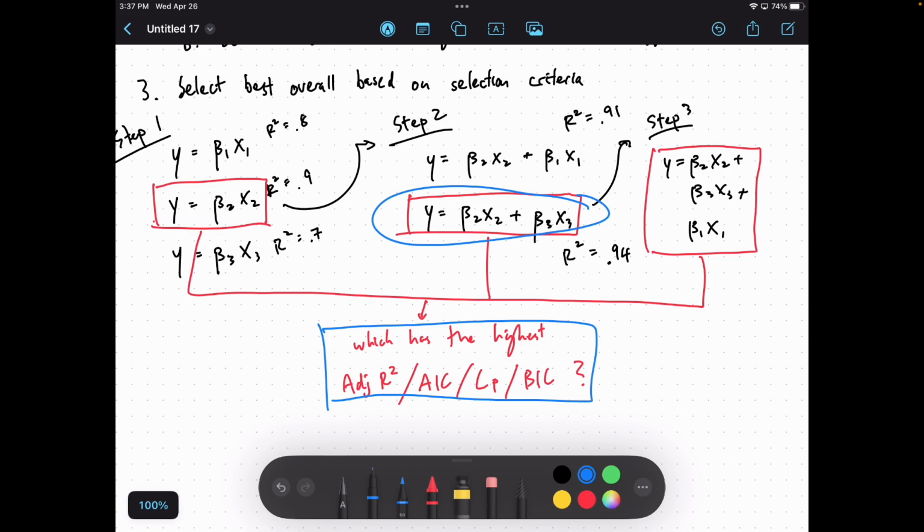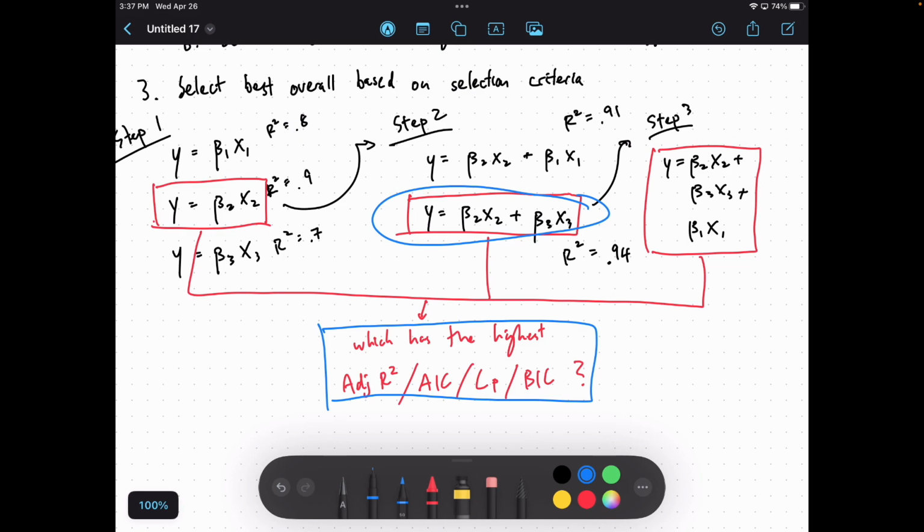Let's introduce one more variable and let's count. Let's say I have x1 through x4. In step 1, instead of 3 regressions, I would have 4. In the next step, I would have 3, so that's a total of 7. In the next step, I would have 2, so 9, and then the last one, I'd have 1, so I'd have 10.